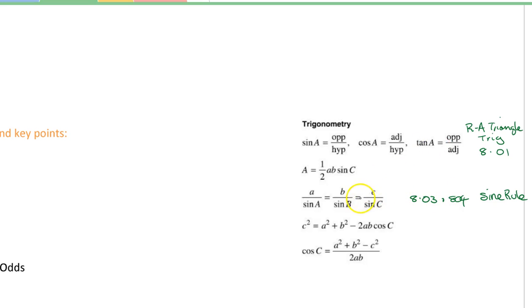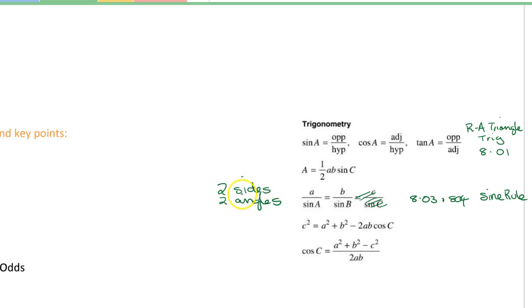When we use this, we only use two of them. We have to have two sides and two angles, the two angles opposite those sides, to be able to use it. And you could be asked to find either a side or an angle.